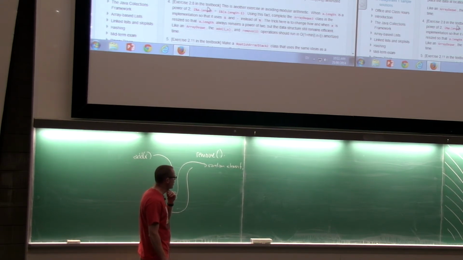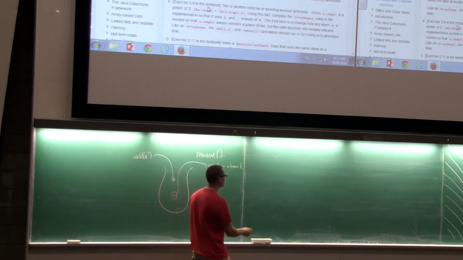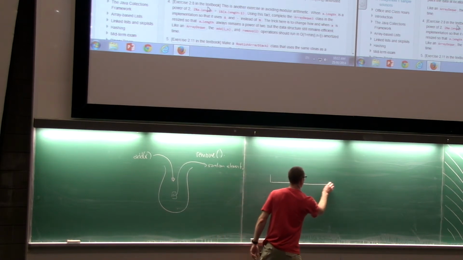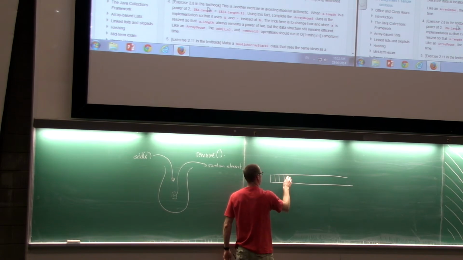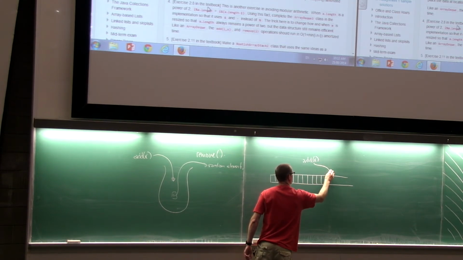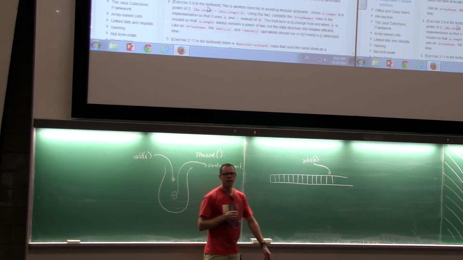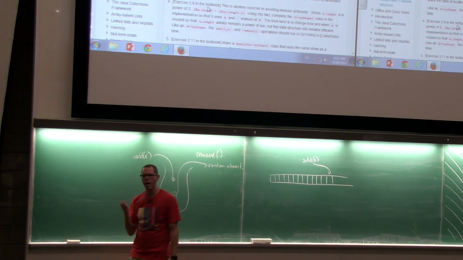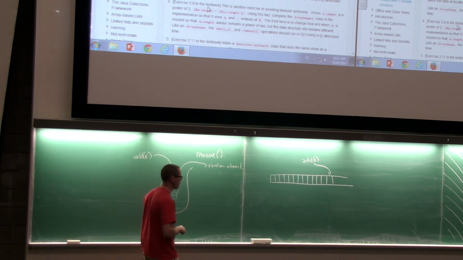And the way it does it is it puts the elements in an array list. So when you add, it just appends it to the end of the list. That's fast, right? Adding something to the end of an array list only takes constant time.